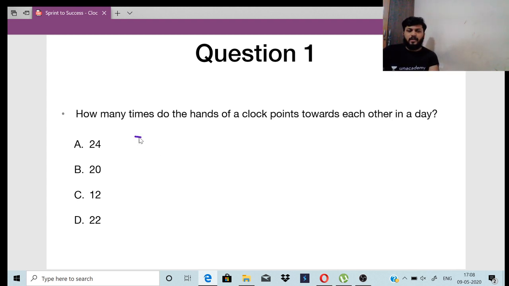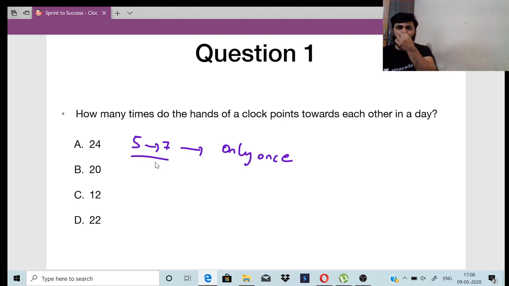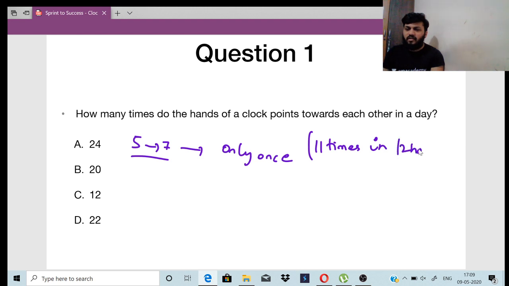First thing, between 5 o'clock and 7 o'clock, the hands point towards each other only once, at 6 o'clock. So how many times do they point towards each other? It is 11 times in 12 hours.